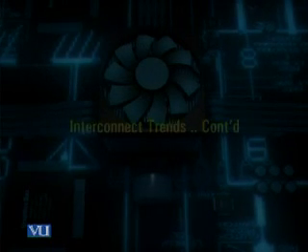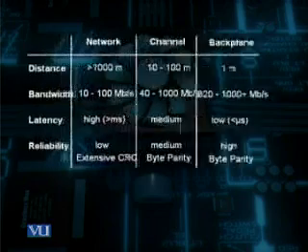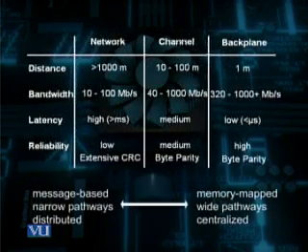If we look into the performance and the properties of these interconnects, the network interconnects are used where the distance is very large, that is, say, it is more than 1 kilometer, whereas the interconnects of type channel are used where the distance is between 10 to 100 meters, and the backplane interconnects are used for a very small distance.